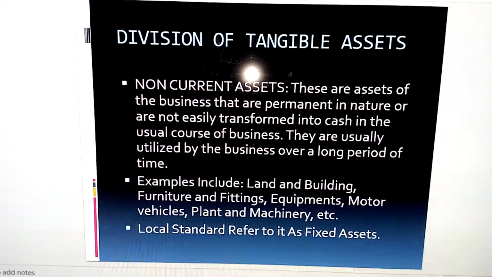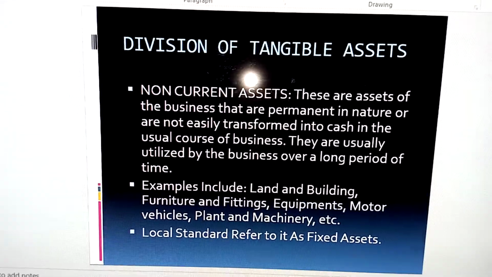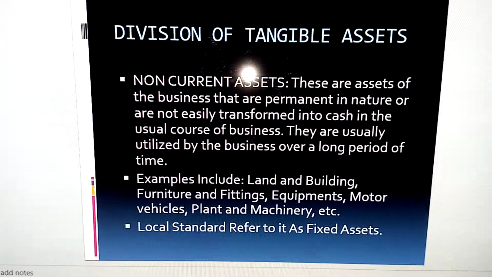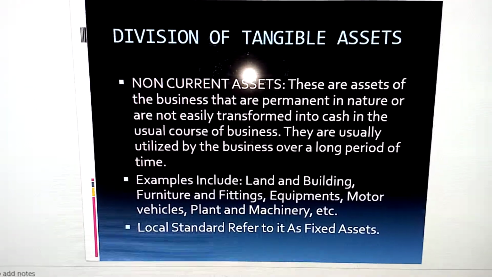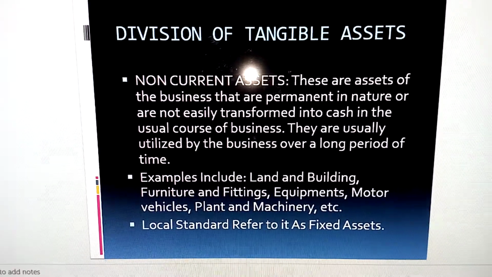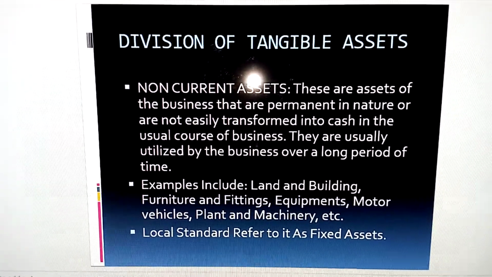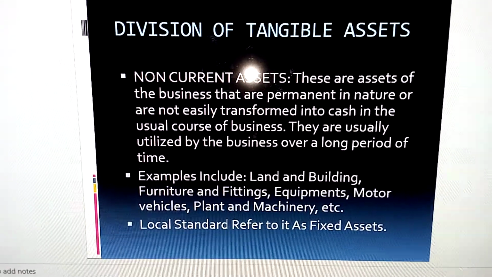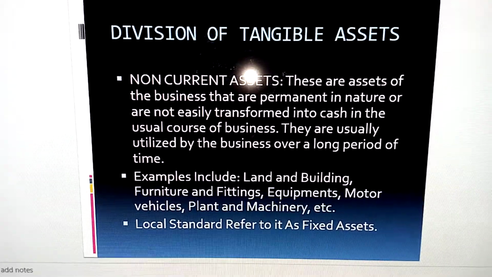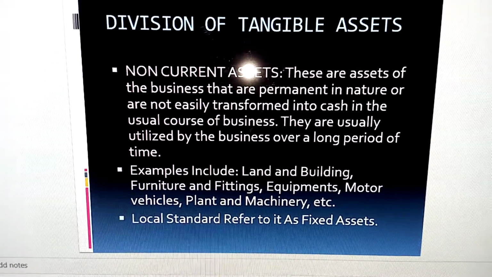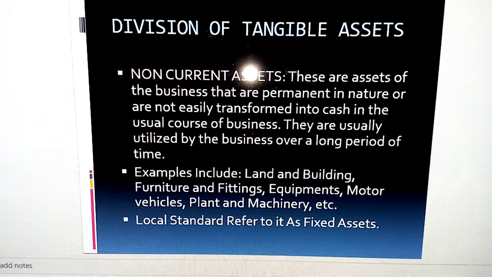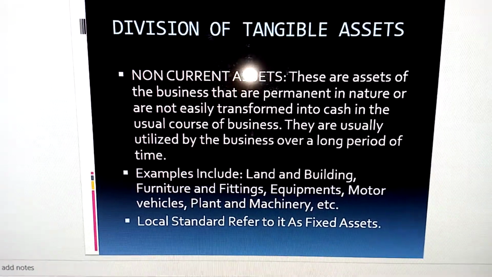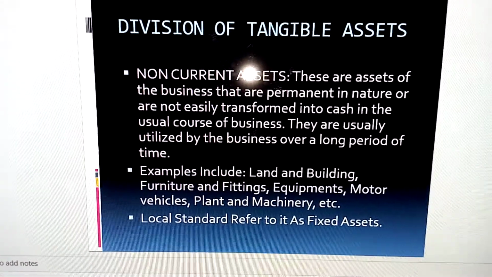The non-current assets. Now, the non-current assets are the business assets or the business resources that are permanent in nature or are not easily transformed into cash in the usual course of business. The non-current assets are also referred to as the business resources or business belongings that are utilized by the business over a long period of time.